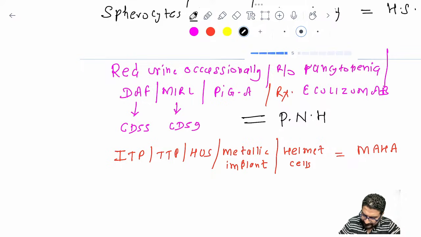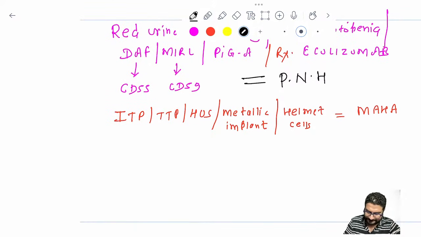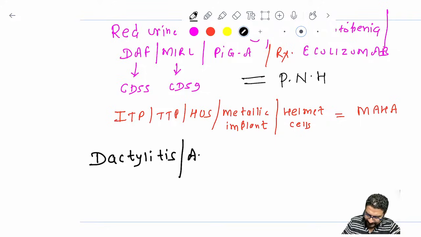Okay, now moving to next thing they ask you. They will give you a question like a patient having dactylitis. What is dactylitis? Inflammation of the finger. Or they can tell you the patient has autosplenectomy.